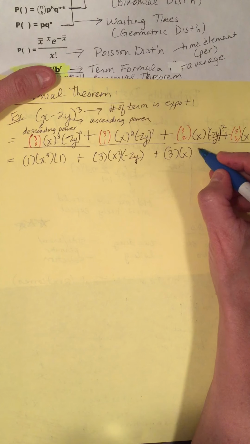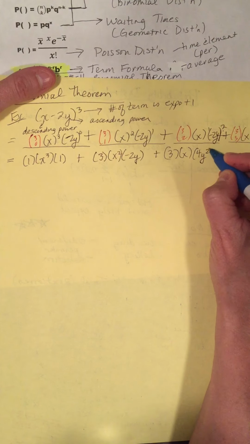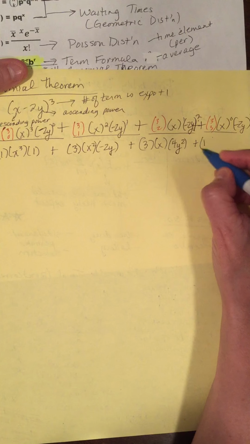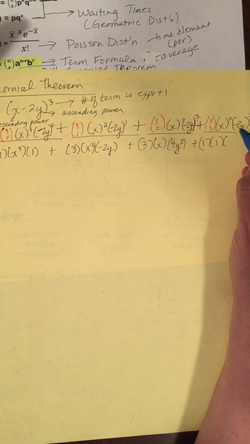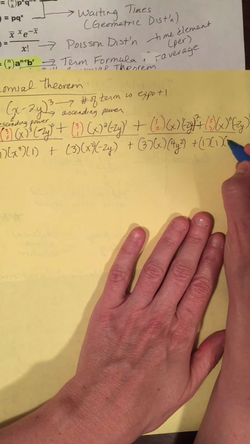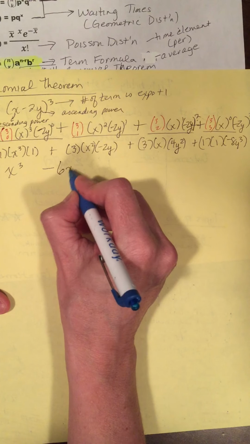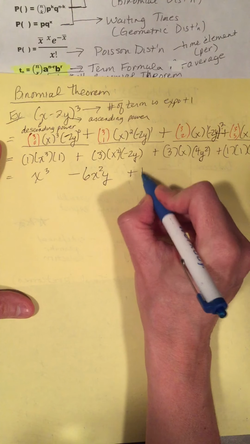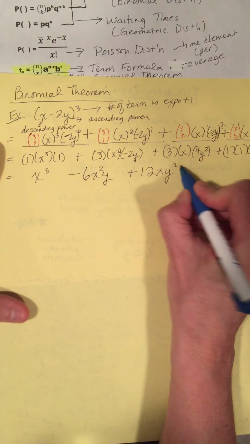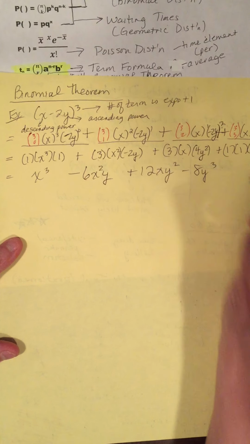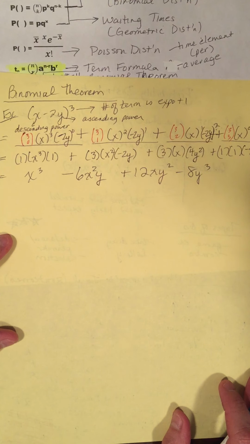Negative 2y squared would be 4y squared. 3 choose 3 is 1. X to the 0 is 1. And careful, negative 2y cubed is negative 8y cubed. So x cubed minus 6x squared y plus 12x y squared minus 8y cubed.